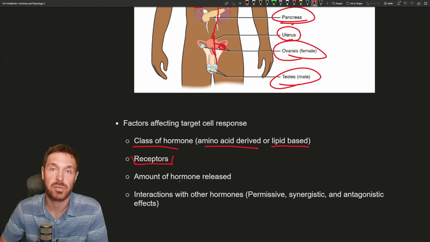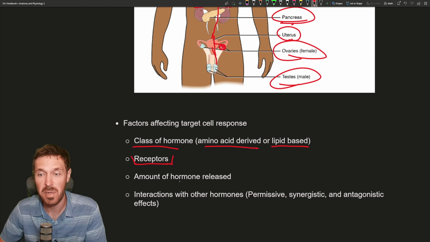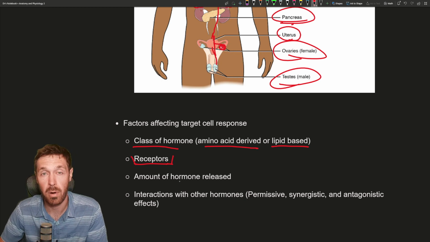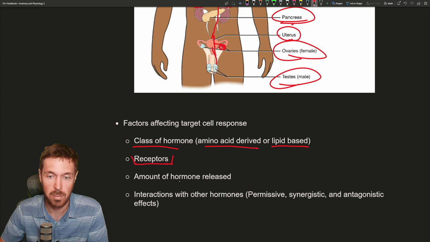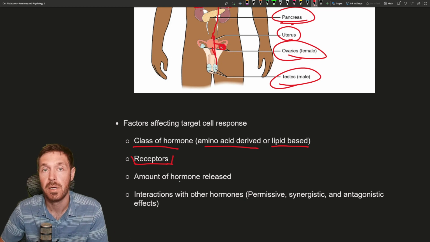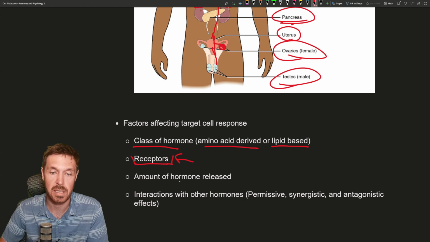So testosterone and estrogen are derived from cholesterol. Those are lipid-based hormones, and they can target virtually every cell in the body. Thyroid hormone can also target every cell in the body, but that's for a slightly different reason. It's not necessarily lipid-based. But amino acid-based hormones can't freely move through the cell, so they have to bind to a receptor on that cell, and then send a signal inside the cell, usually via something known as a G protein, to elicit their response.